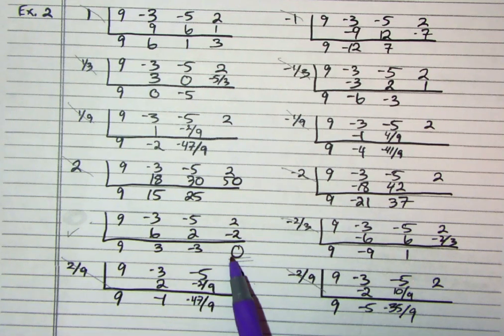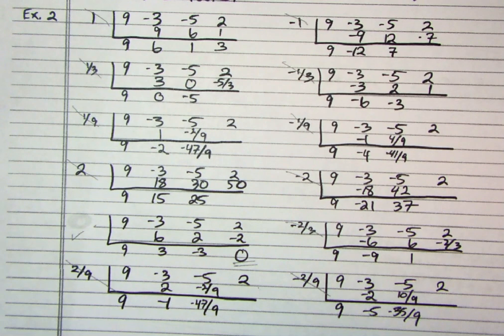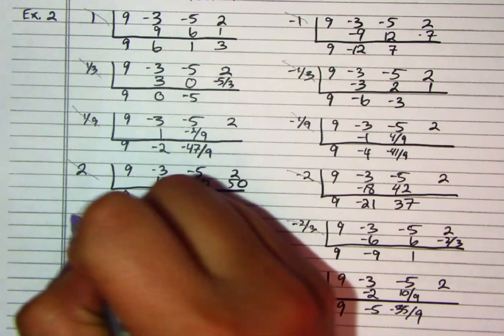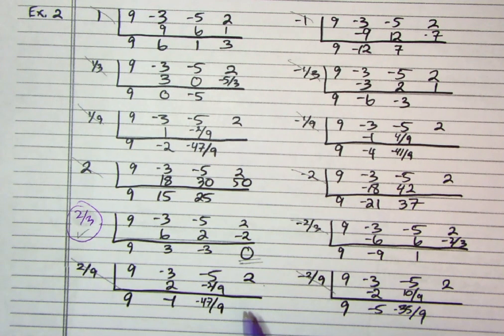So this one works. It's not showing which one it was, but I think it was positive 2/3. Yes. And then this other one, where was it?